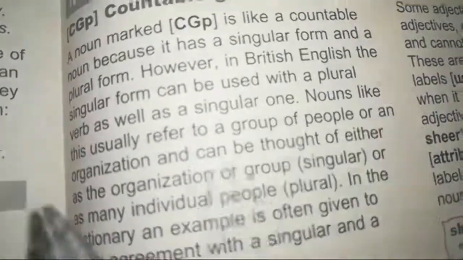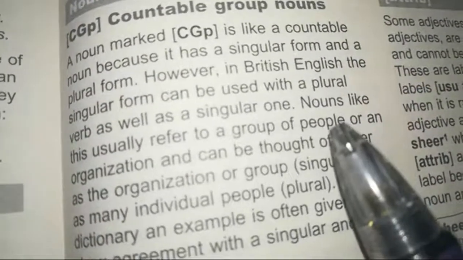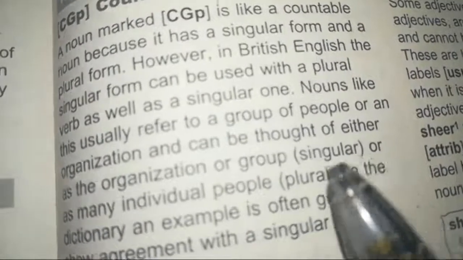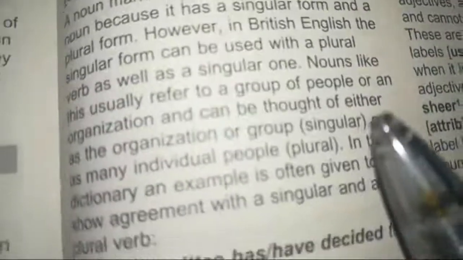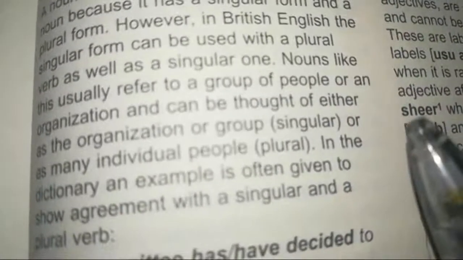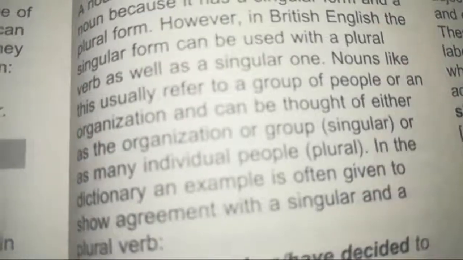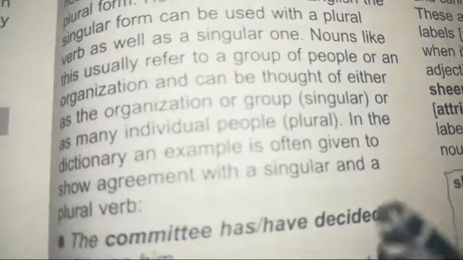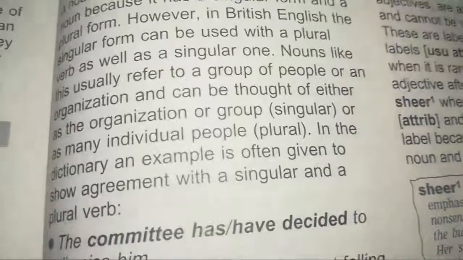Nouns like these usually refer to a group of people or an organization and can be thought of either as the organization or group, singular, or as many individual people, plural. In the dictionary, an example is often given to show agreement with a singular and a plural verb.